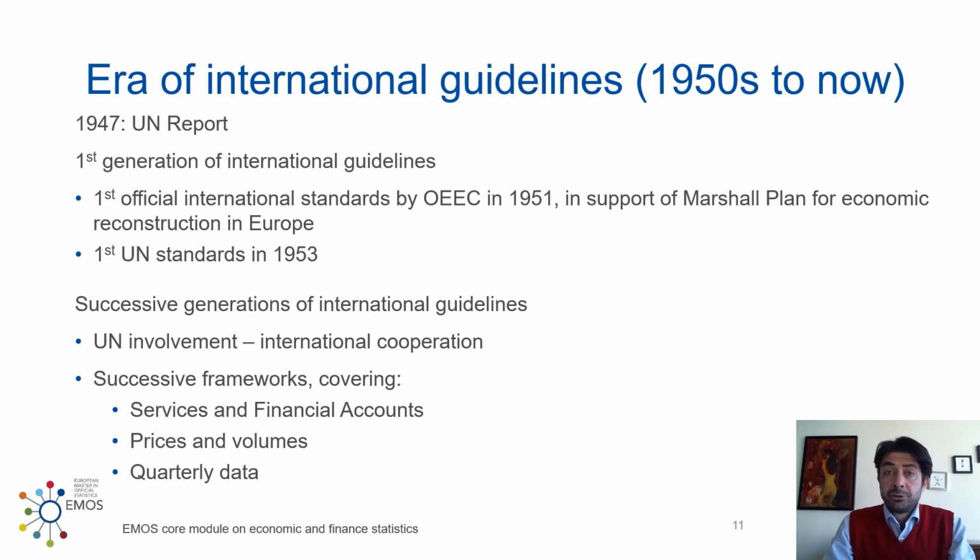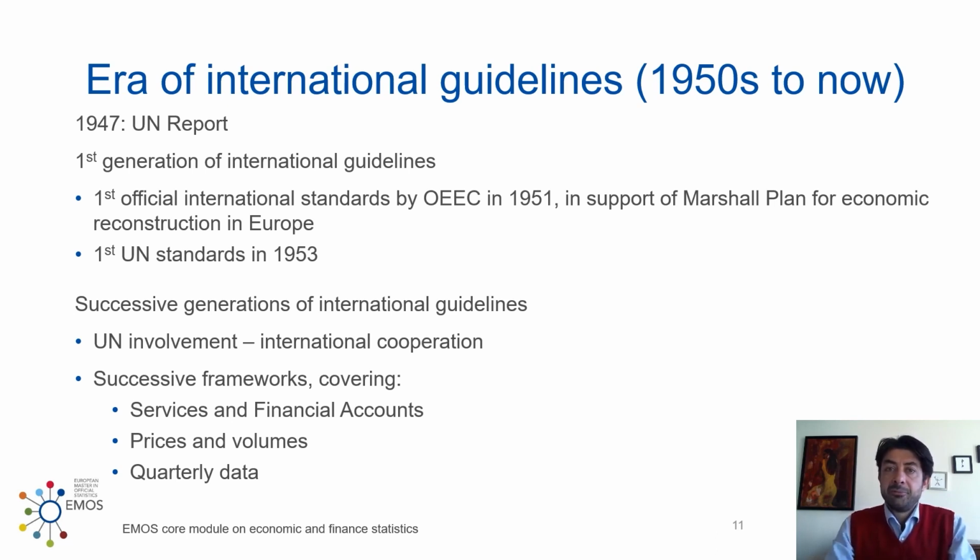The UN followed soon after in 1953 and released the first global guidelines on national accounts. The first set of international guidelines were rather simple, much simpler than Stone's system in the 1947 UN report. They only focused on annual data and on goods, so they excluded services.